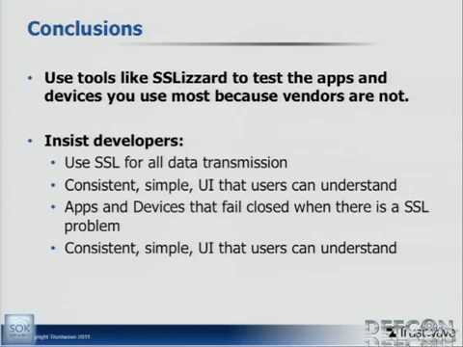From a user perspective, we all have to insist that SSL is used for all data transmission. But we also need to insist that the mobile device manufacturers and mobile platform developers fix their UI, so it's more recognizable to us and other end users what's going on from a secure data transmission standpoint. Apps and devices that fail should always fail closed when there's an SSL problem.